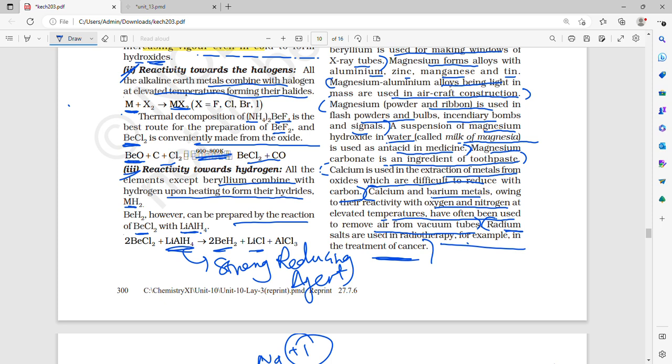Now reactivity towards hydrogen, all the elements except beryllium combine with hydrogen upon heating to form their hydrides, that is MH2.